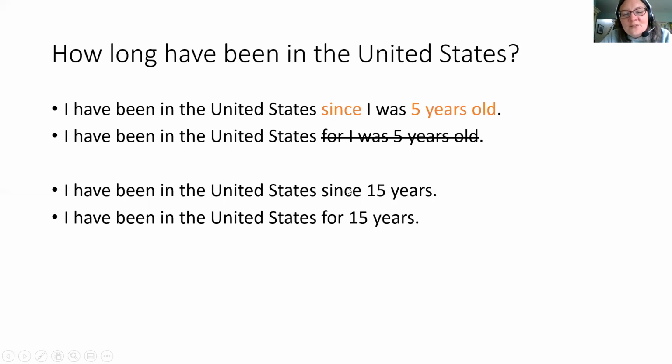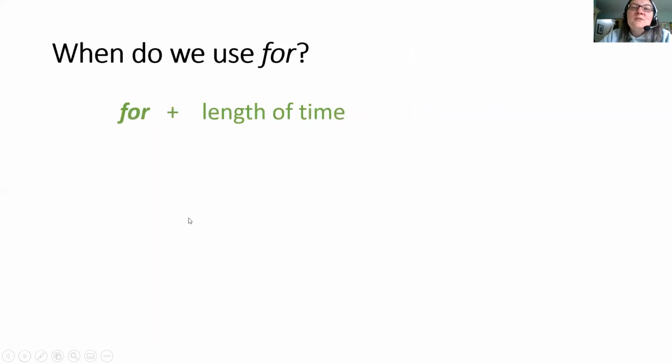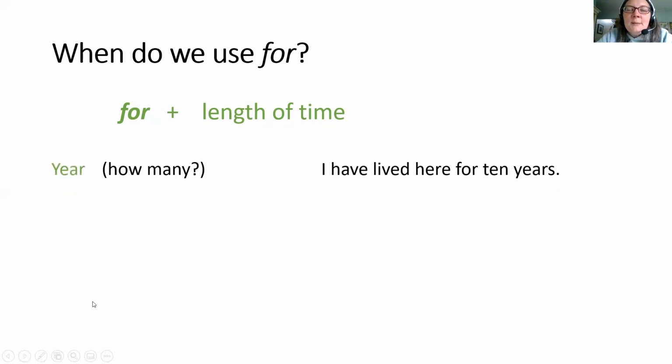So why not for? When do we use for? Let's take a look. We use for when we're talking not about a specific time, but a length of time. Okay? For is for a length of time. For example, when we talk about year, not a specific year like 2002 or 1952, but we're talking about how many years.